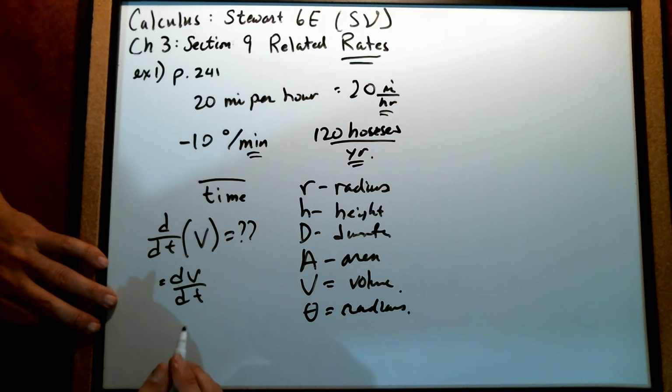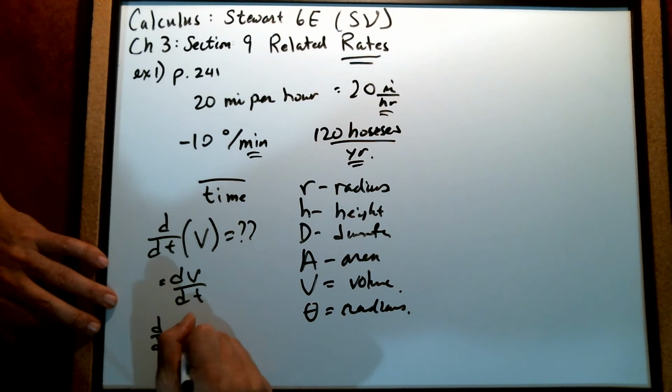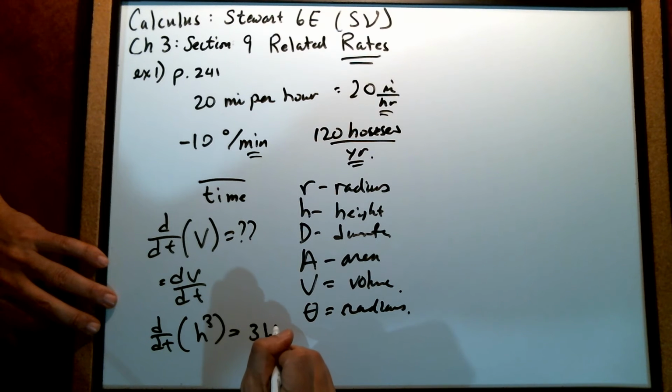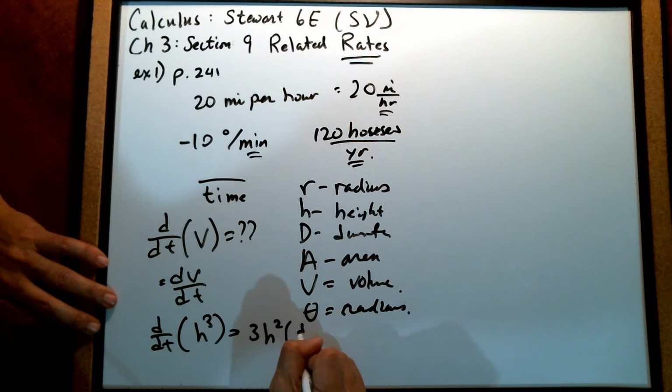So time is of the essence. Time is the most important thing. The derivative of h cubed using the power rule: bring the power down, subtract 1, and then multiply by the derivative of h, which is dh/dt, how the height is changing with respect to the change in time.